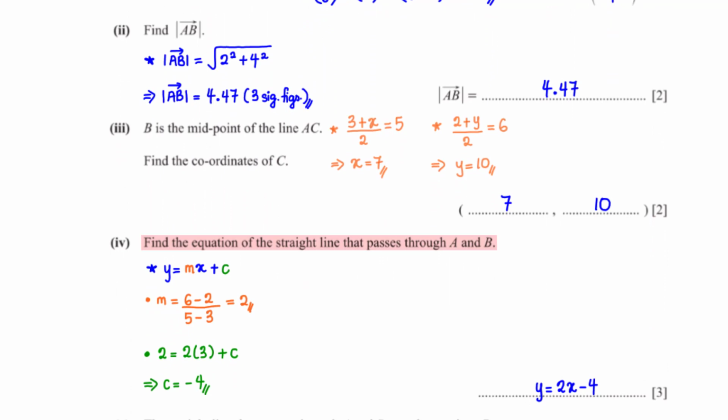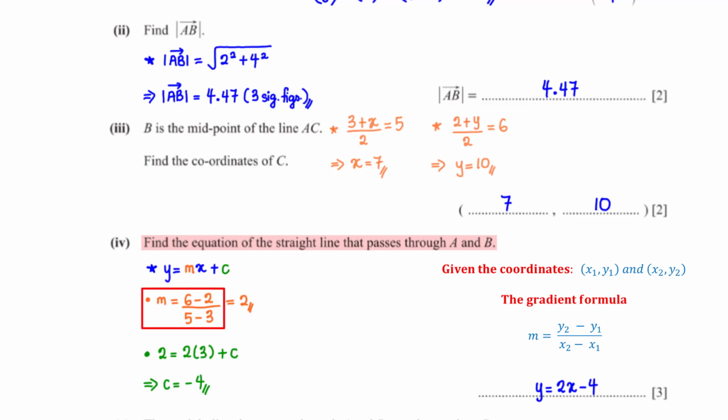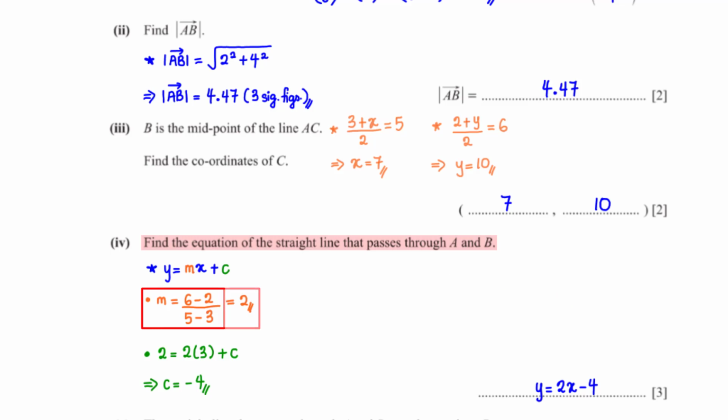Find the equation of the straight line that passes through A and B. All we need to do is find the values of m and c and plug in these values into y equals mx plus c. To get the gradient m of the line, we apply the gradient formula. This gives us 6 minus 2 over 5 minus 3, which is equal to 2.